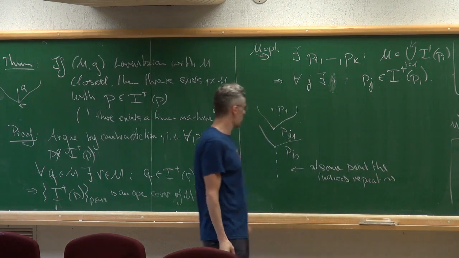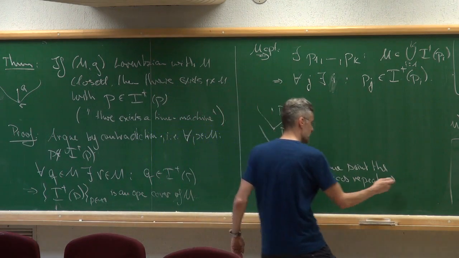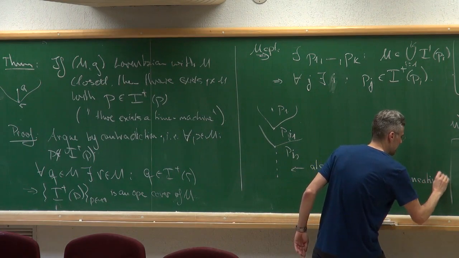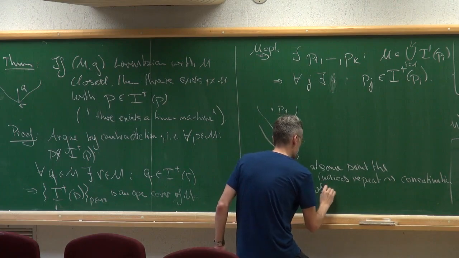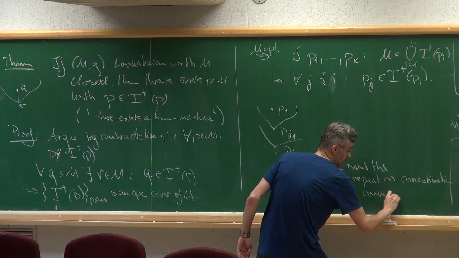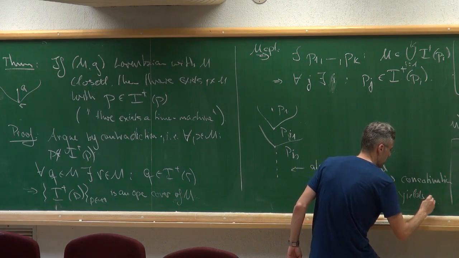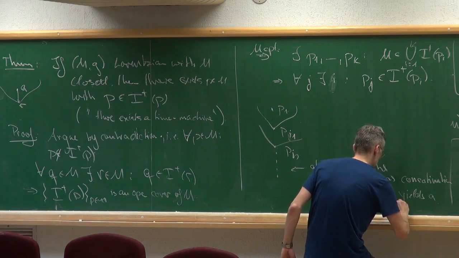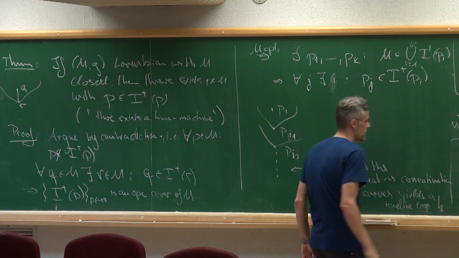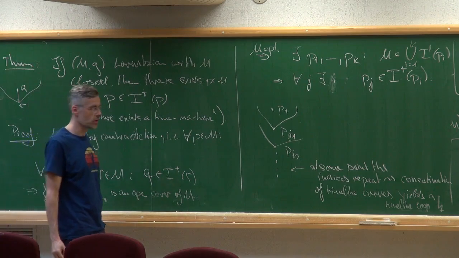And then, of course, you can concatenate these curves and you get a closed curve. Concatenation of time-like curves yields time-like curves, but especially it yields a closed time-like curve. So one of those Pi is in its chronological future.